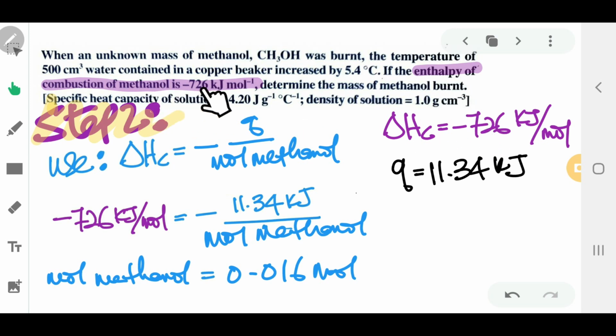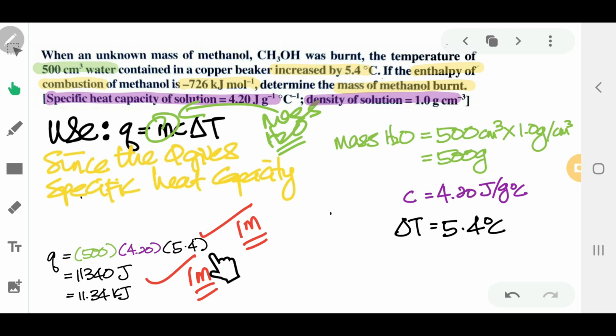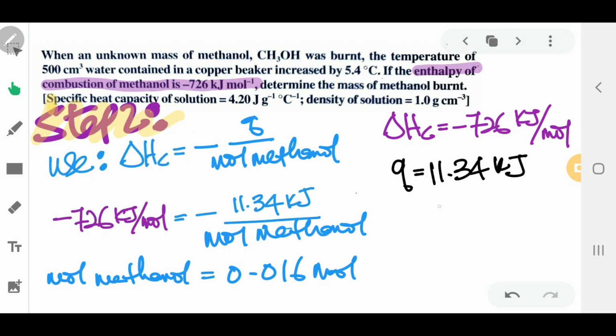Over here, the question gives you the enthalpy of combustion already, which is negative 726, and the value Q equals 11.34 kilojoule. This is the one that we have worked out previously over here. And you have to substitute the value inside.